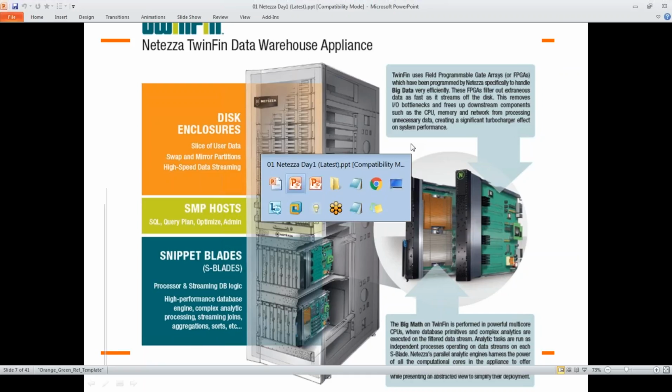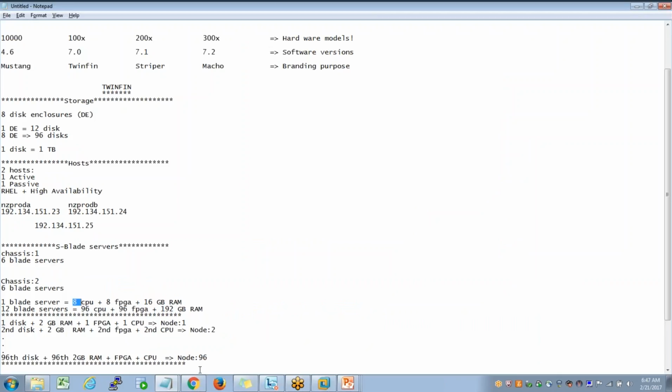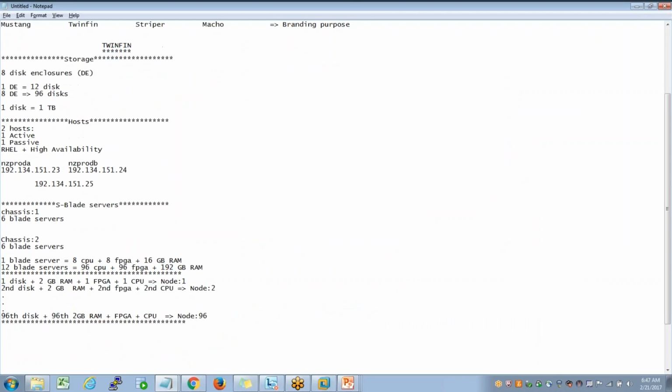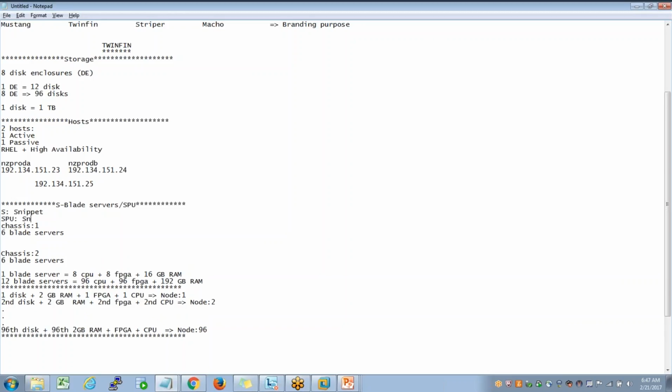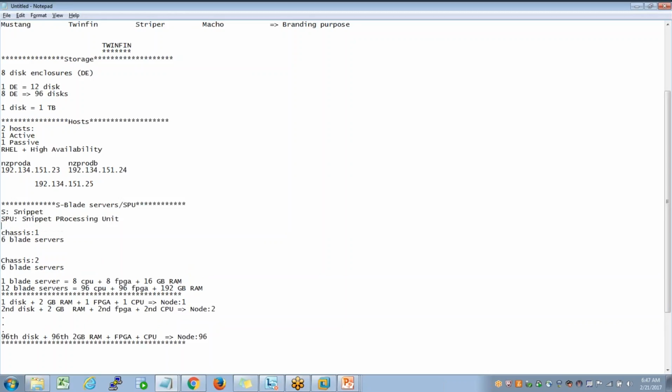Now in summary, if I put in some more terminology, these blade servers are also called SPUs. First of all, S stands for snippet. SPU stands for snippet processing unit.